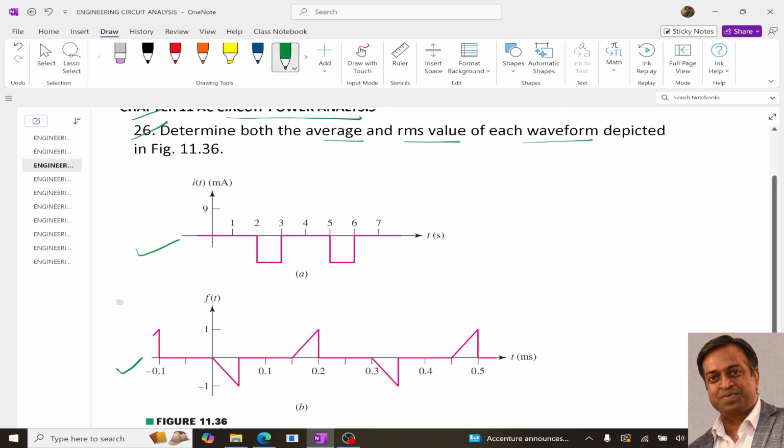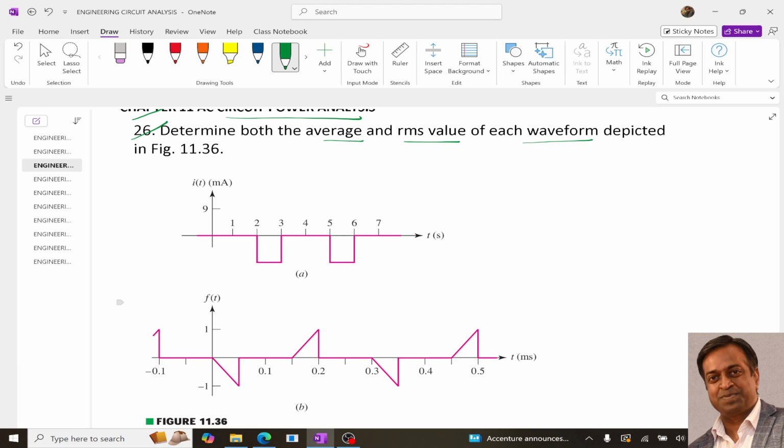Over here both the waveforms are periodic, meaning it is not completing over here. Since there are two peaks, it means that it is continuing like this, right? We know that for a periodic signal we just need to determine one period.